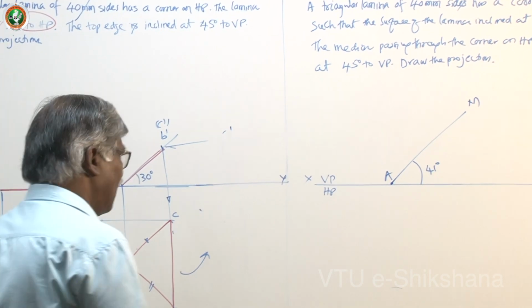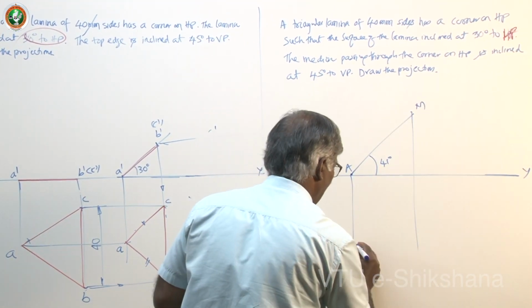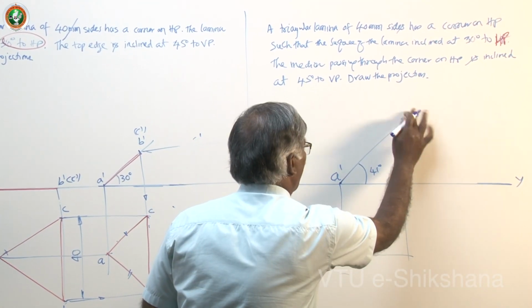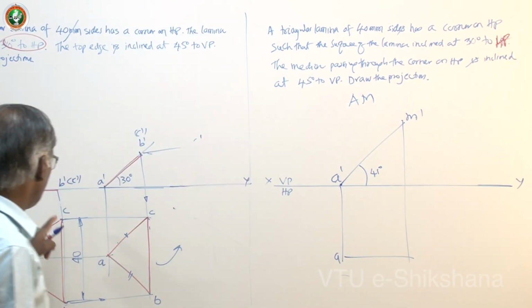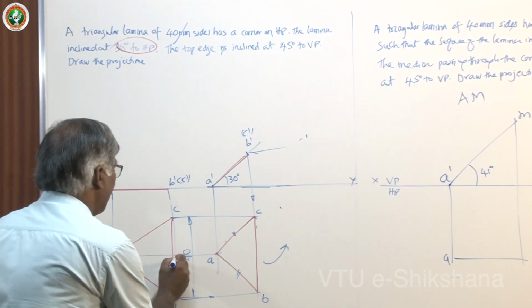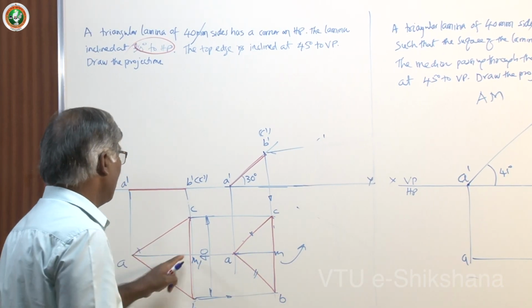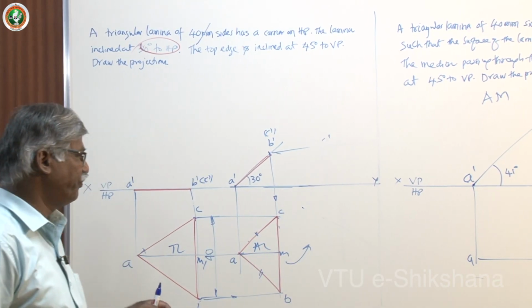Again, the AM is somewhere here. Let me correlate this with A dash, M dash. AM is the reference. Let me name this as M. This is M1, M. This is true length, this is apparent length. True length, apparent length.